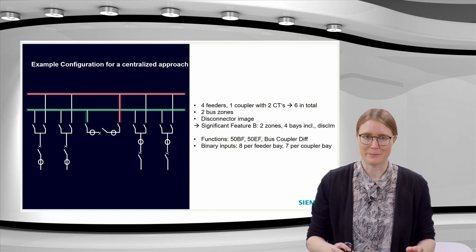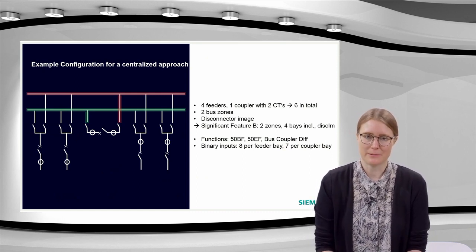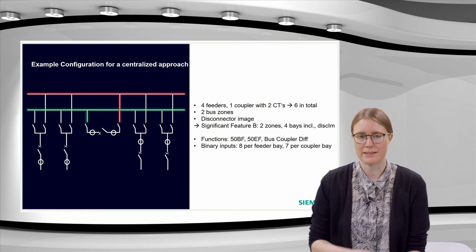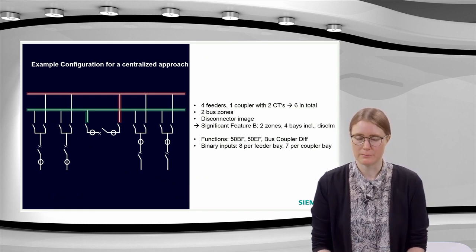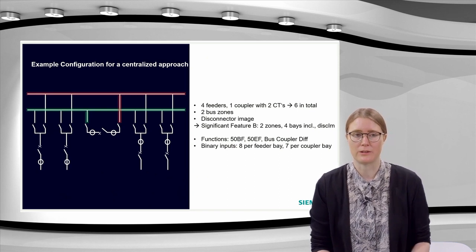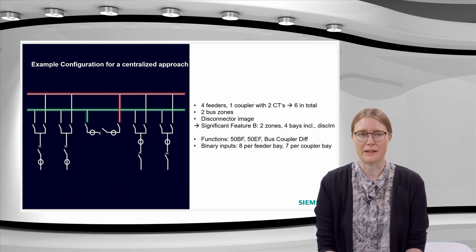And let's talk about binary inputs. Here I want to configure 8 per feeder bay. The 8 are 2 for each disconnector, meaning 4 with these 2 disconnectors, and 3 for the circuit breaker, where 2 of them are for the circuit breaker position and 1 for the circuit breaker close command.